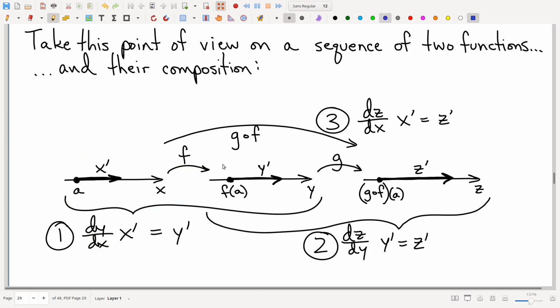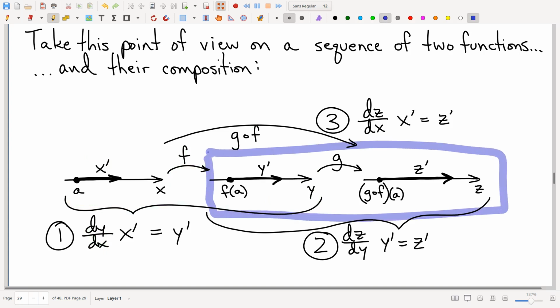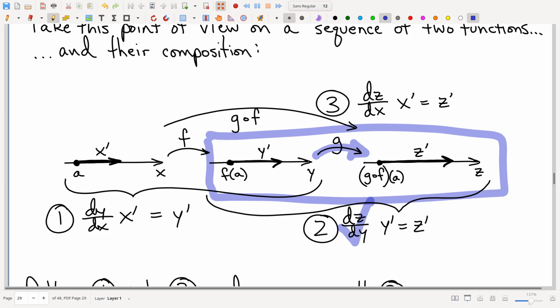Now let's look at this function that we're going to tack on to the end of it. Looking only at this function g. G has an input variable called y. It has an output variable called z. And I can talk about its derivative. The derivative of that function g, which I might write as dz dy, is what you multiply by input velocity, y prime, to get output velocity, z prime. So same idea, just applied to a different function now.